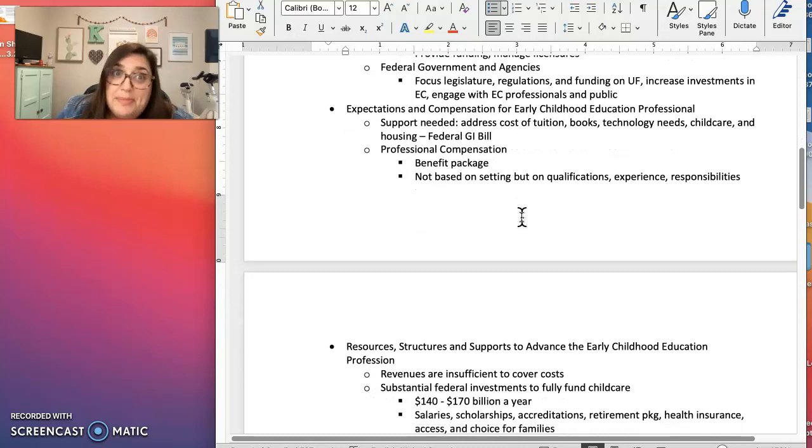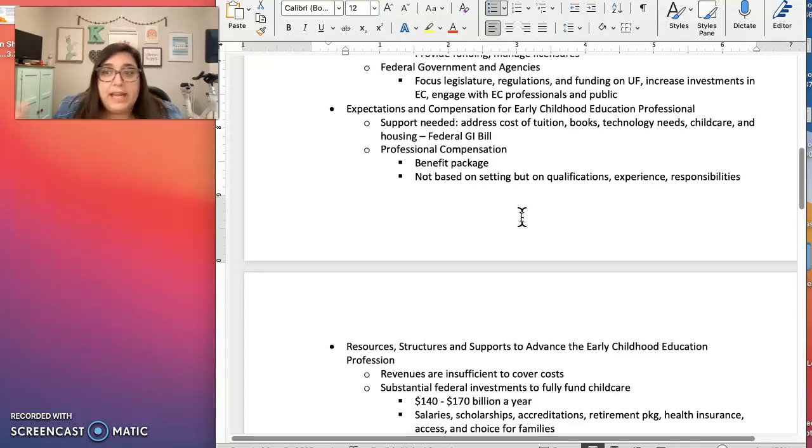Now, this is the big one, right? This is the one that I think we're all in agreement about, the compensation for early childhood professionals. We know that early childhood professionals are not paid for what they do. They're not paid for their credentials.